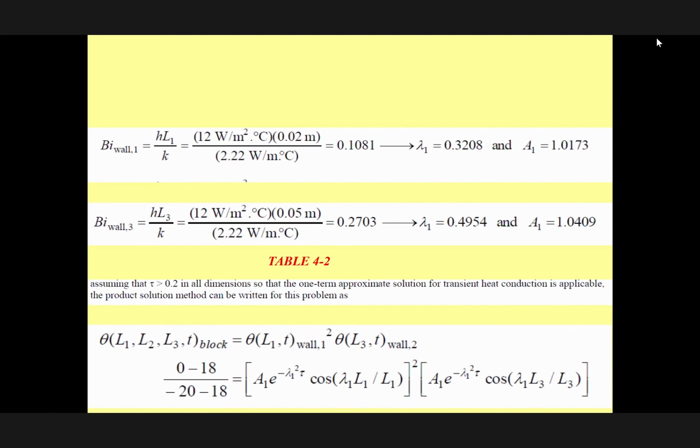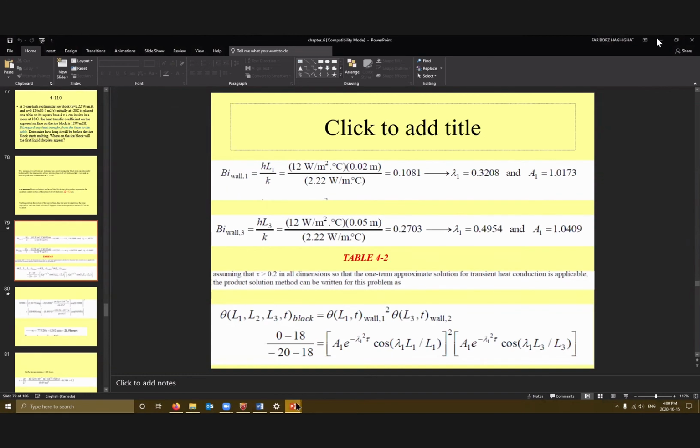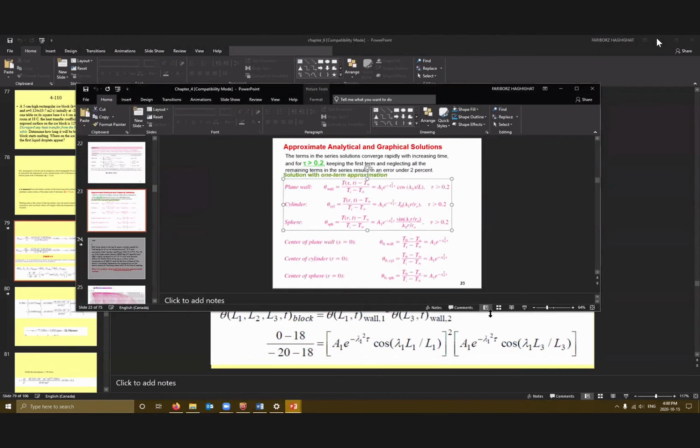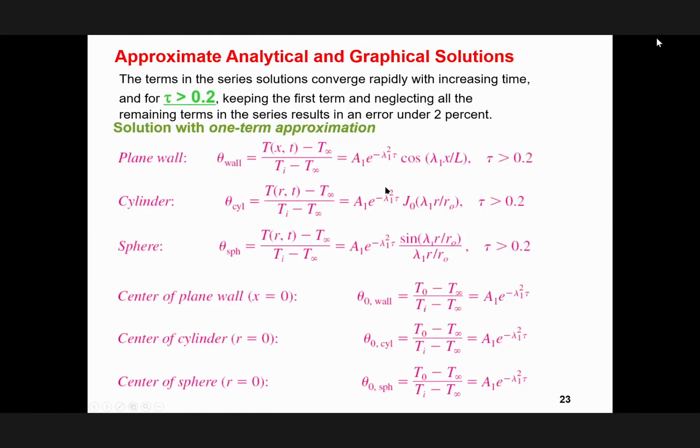Because the question was asked for the corner, can you repeat how you implemented that assumption in the formula? Let me go back to the previous one, the equation that we have. Remember, with this expression you can calculate the temperature at any point that you would like. In X here, if I put X equal L, it means on the surface.